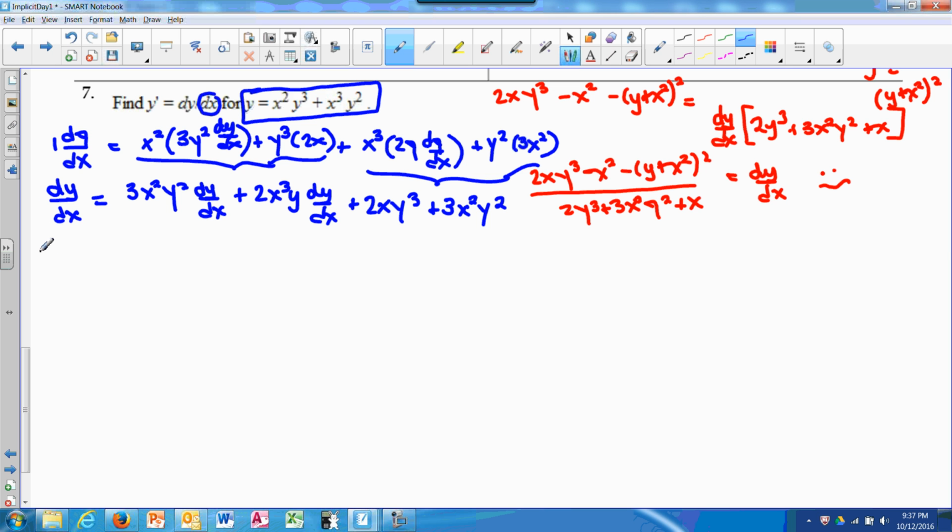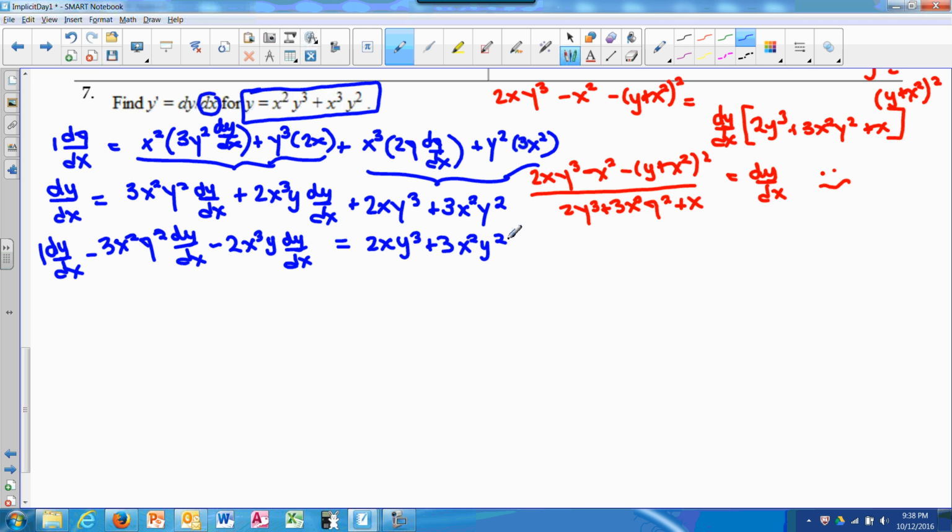So I have 1 dy dx on the left already, minus 3x squared y squared dy dx, minus 2x cubed y dy dx equals 2x y cubed plus 3x squared y squared. Factoring out the dy dx, there's a reason I wrote that 1 for emphasis there.